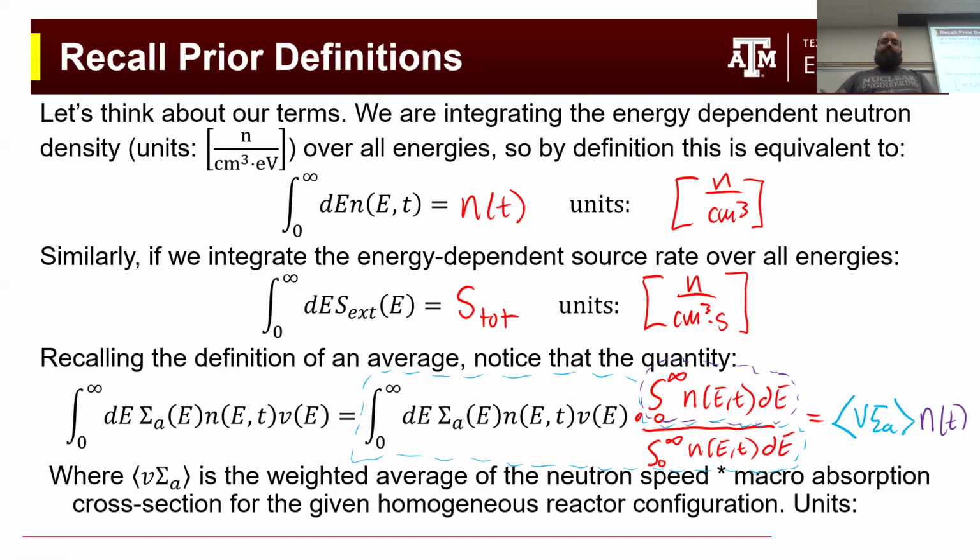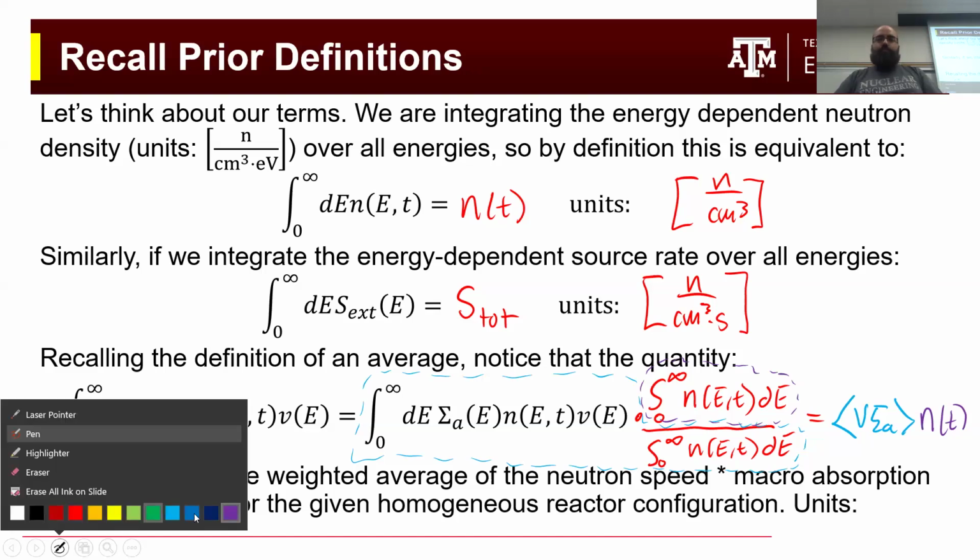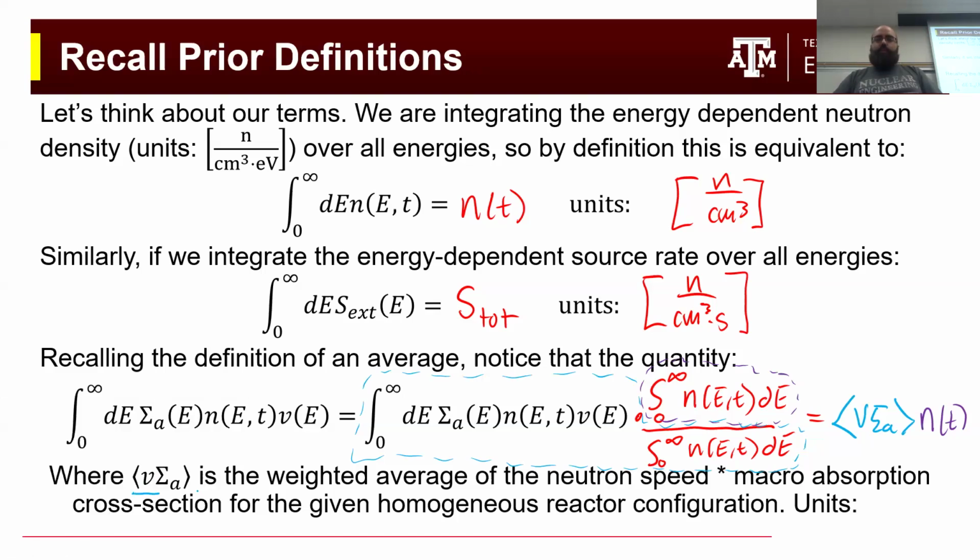And we're going to think of the triangle brackets as denoting an average. So that's what this is: the average of my speed times my macroscopic absorption cross section.